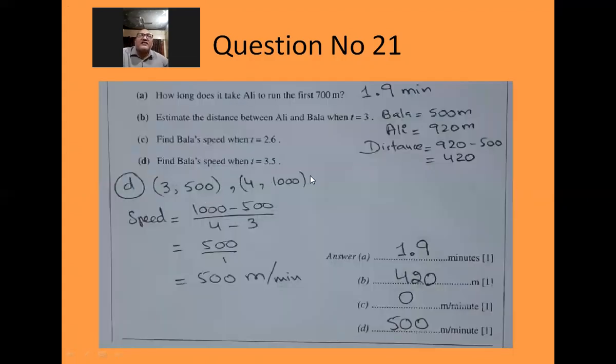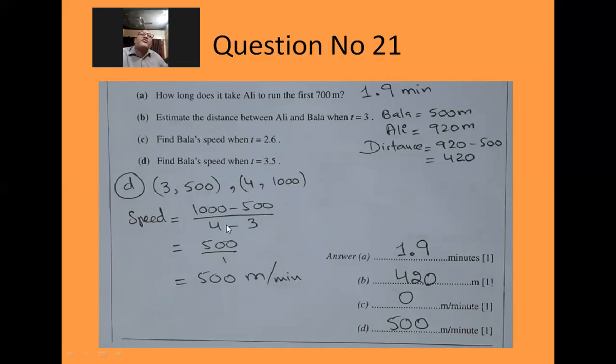So Bala has covered 500 meters, and Ali has covered 920 meters. So the distance between them will be 920 minus 500, and that will be 420 meters.